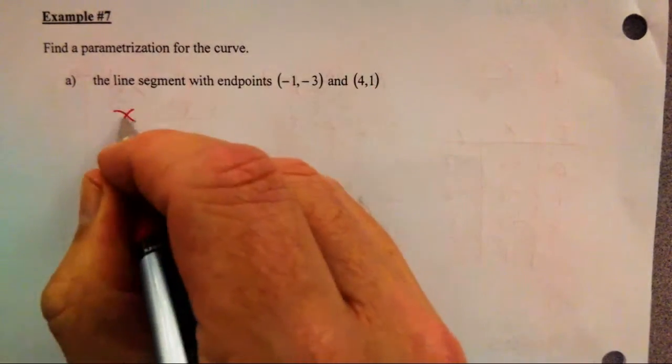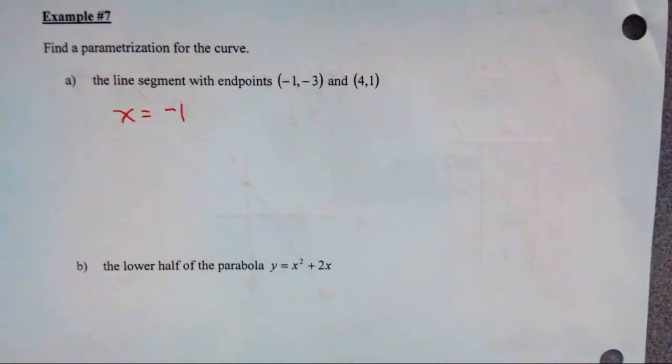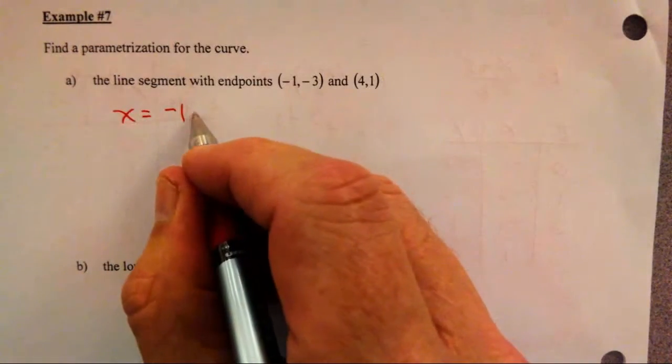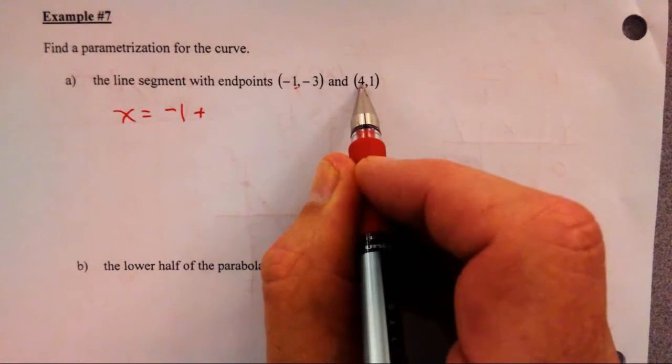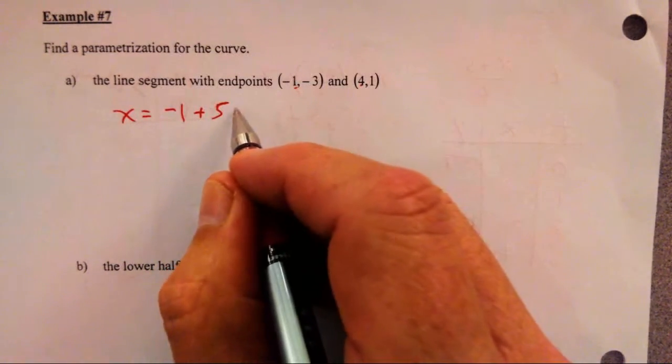I can write this as x equals, what does x start as? Negative 1. And then where does it go? In this case, from negative 1 to 4, it increased by 5, in some time unit.